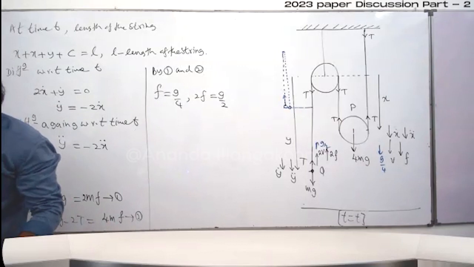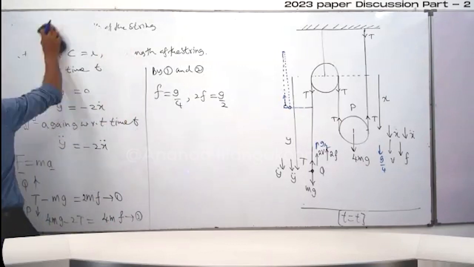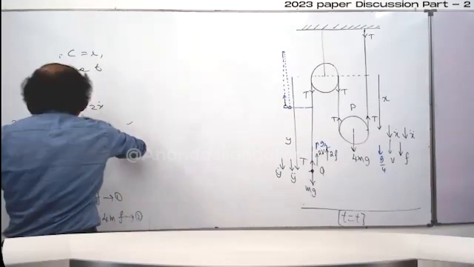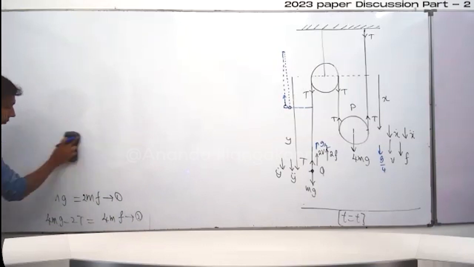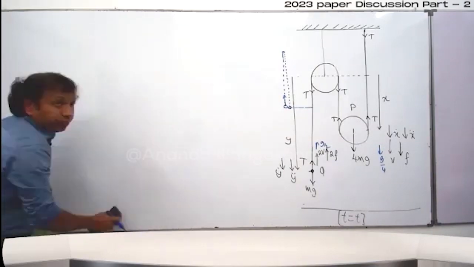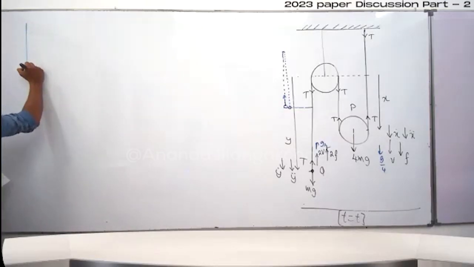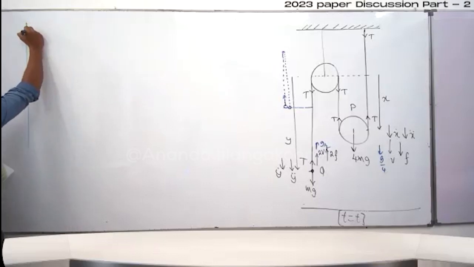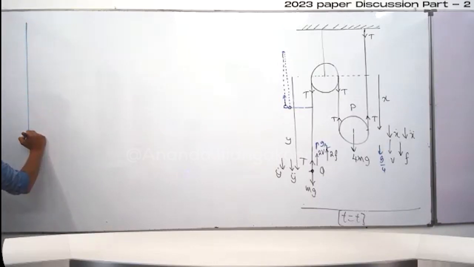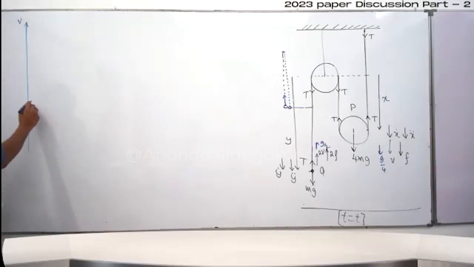The VT graph. I'll first draw the VT graph like this, people. Try to understand this. Now we can take the V axis, right?